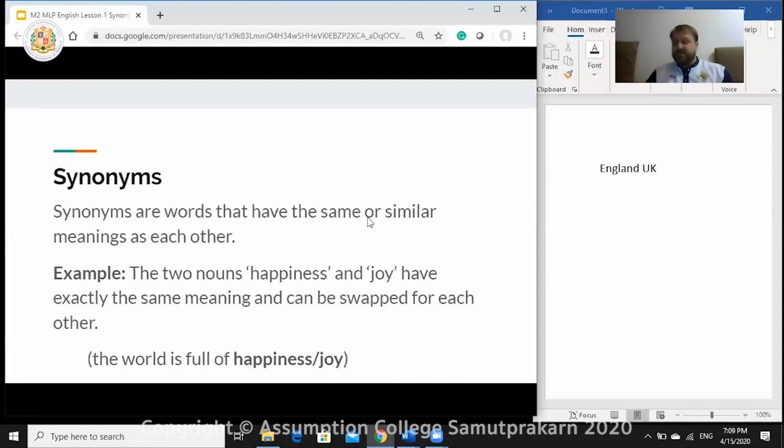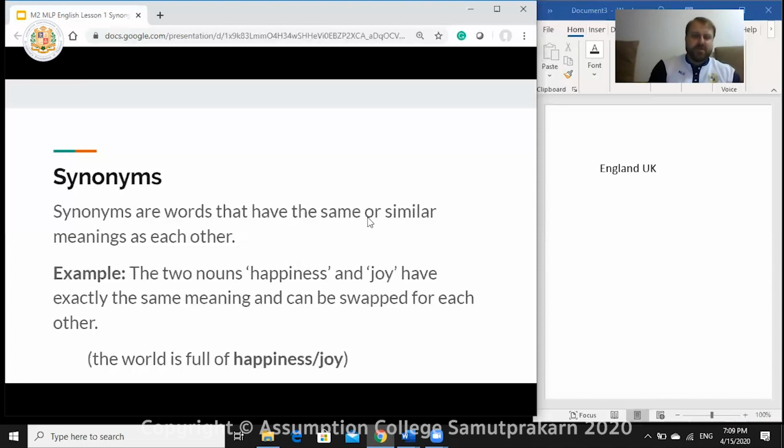And also, when you are reading a book, obviously, if you know what the synonyms are, then you understand more words, so your vocabulary is bigger. Okay? So these are the reasons why it's useful to know lots of synonyms. And there's two for you: happiness and joy. They are synonyms. They have the same meaning.